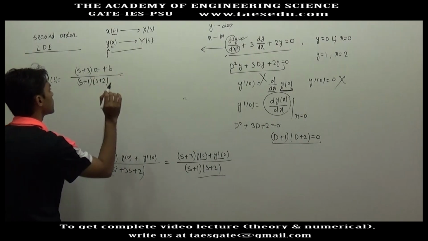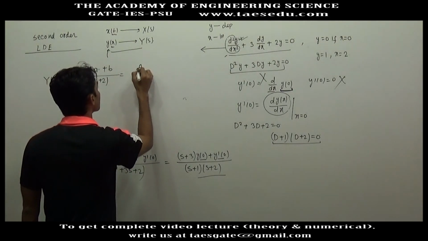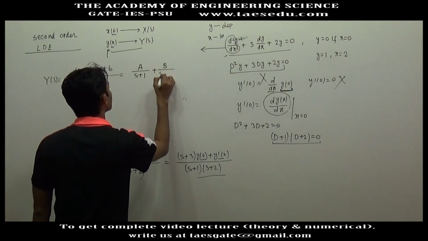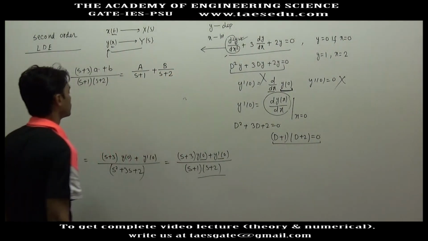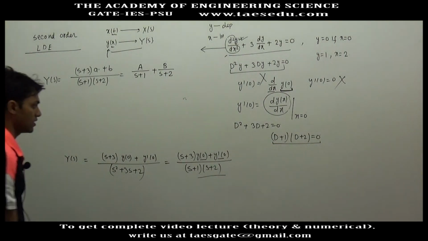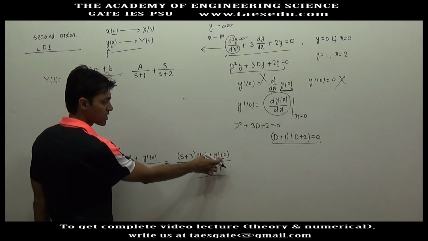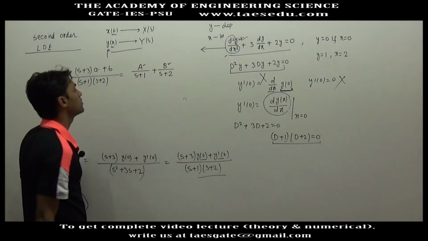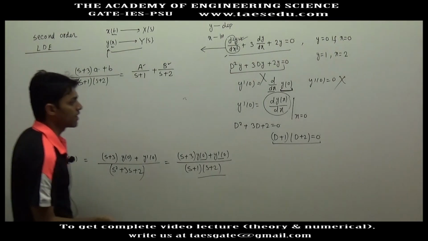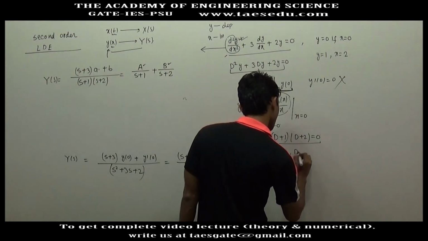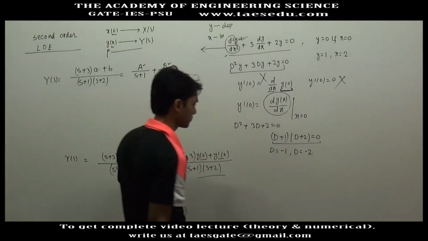If you take partial fractions, you will get some constant divided by s plus 1 plus another constant divided by s plus 2. If y0 and y dash 0 are given, the values of a and b will be known. And here we got d equal to -1 and d equal to -2.